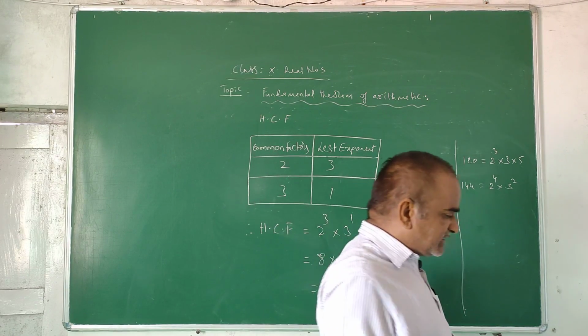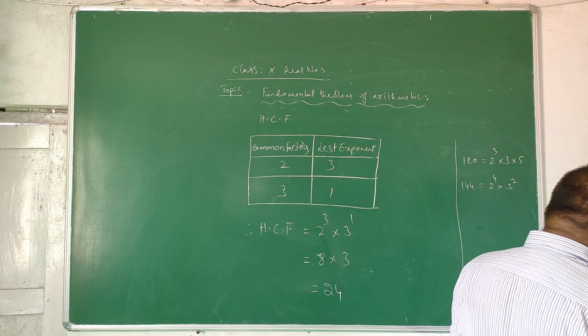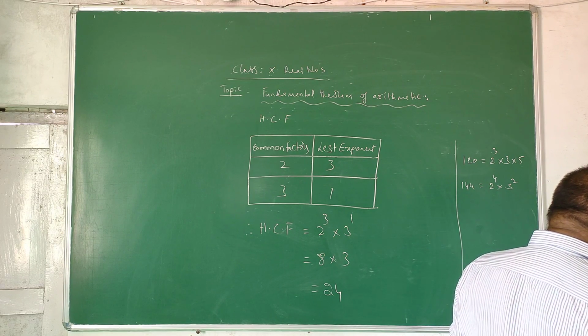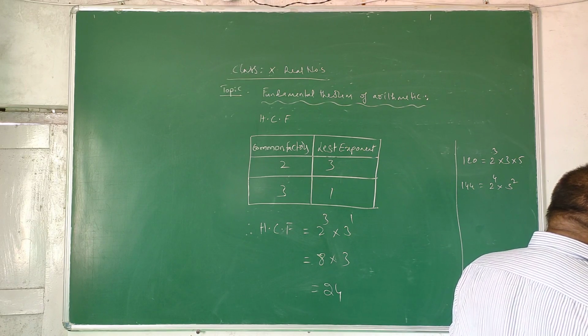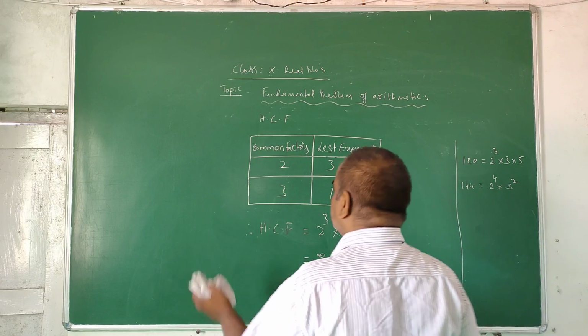Now, we will discuss how to find LCM and HCF of 3 numbers. Of course, the procedure is the same, but the number of numbers we are taking is different. The 3 numbers we are taking now are 825, 675, 450.